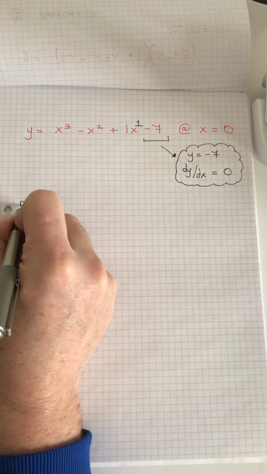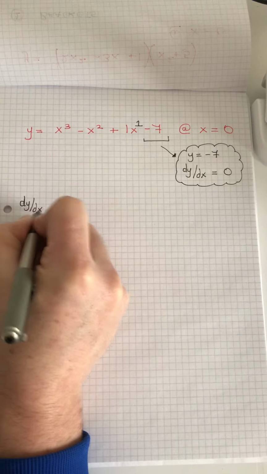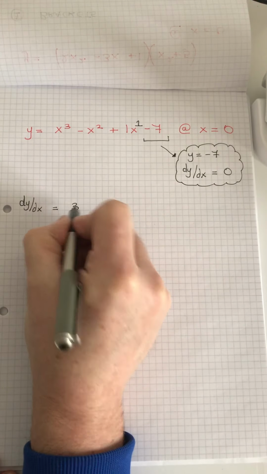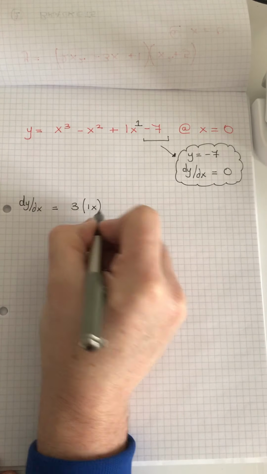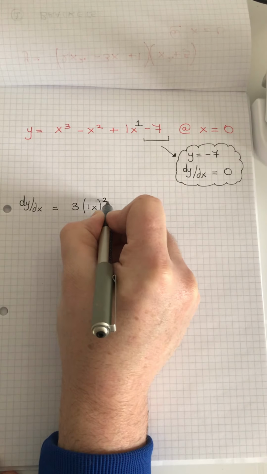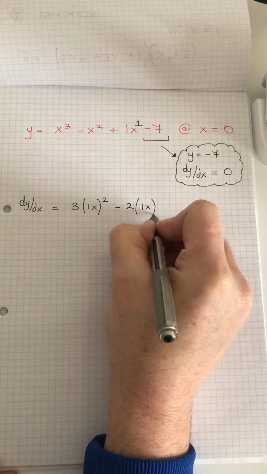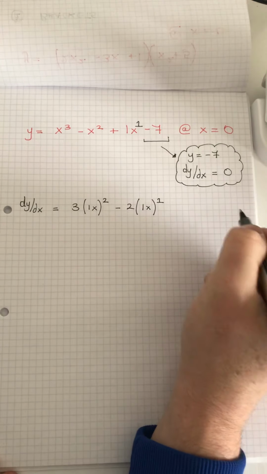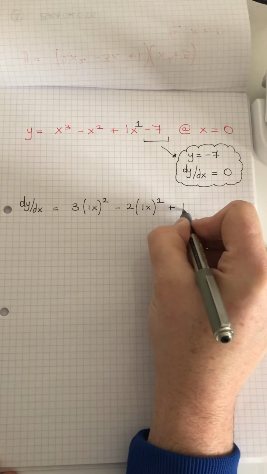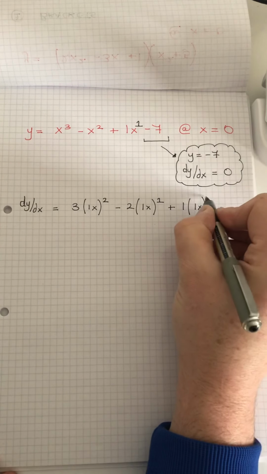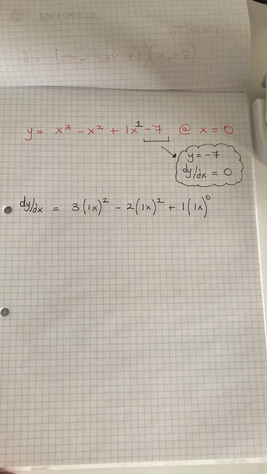So our derivative, dy/dx, is equal to 3 times 1x, reduce the power by 1 becomes 2, minus 2 times 1x, to the power of 2 take 1 is 1, plus 1 times 1x to the power of 0.